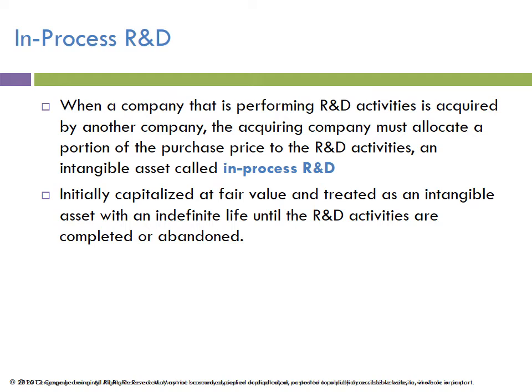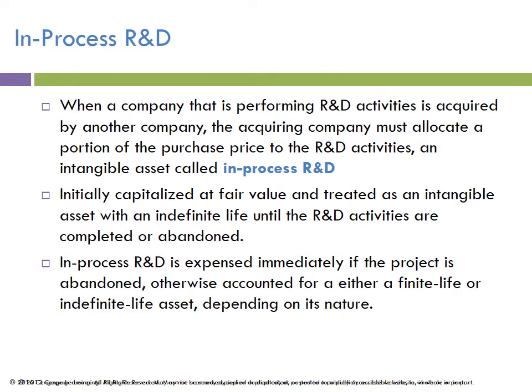It is initially capitalized at fair value and treated as an intangible asset with an indefinite life until those R&D activities are completed or abandoned. Then you decide. In-process R&D is expensed immediately if the project is abandoned. Otherwise it is accounted for as either a finite life or indefinite life asset depending on its nature.